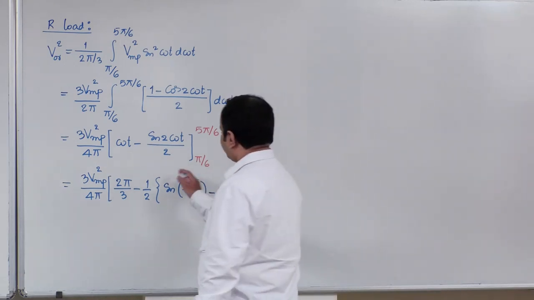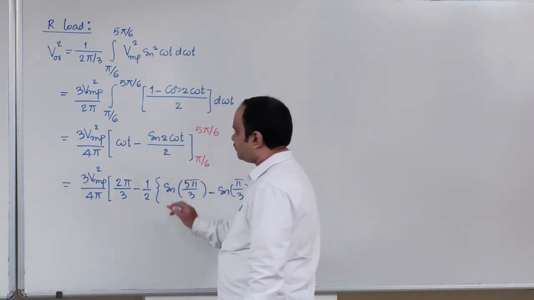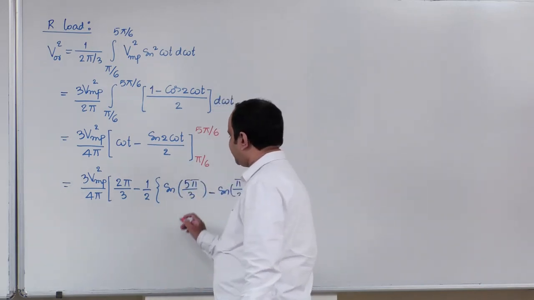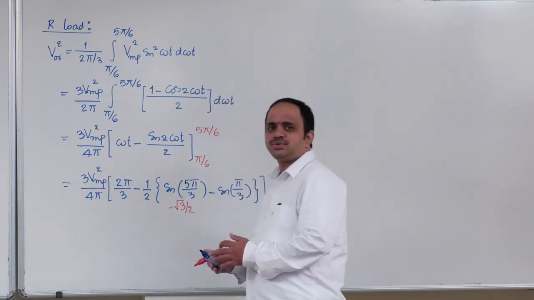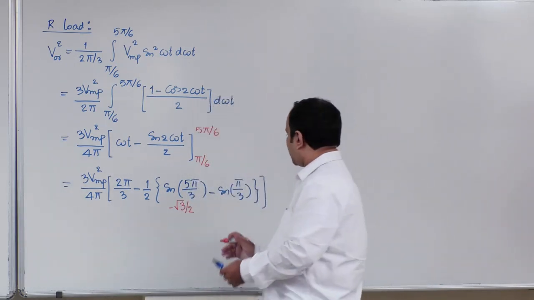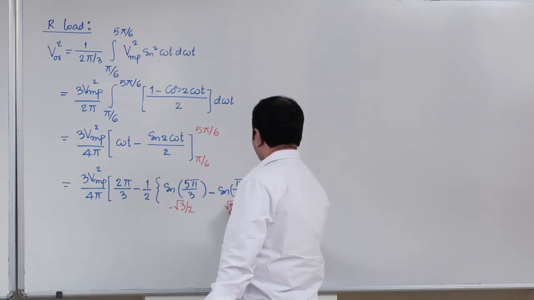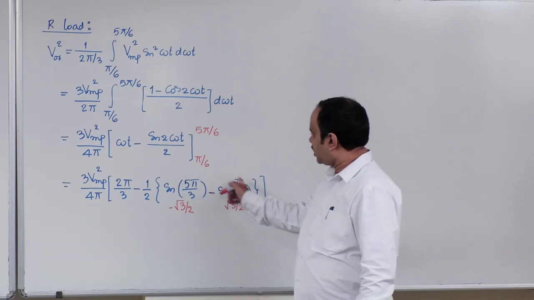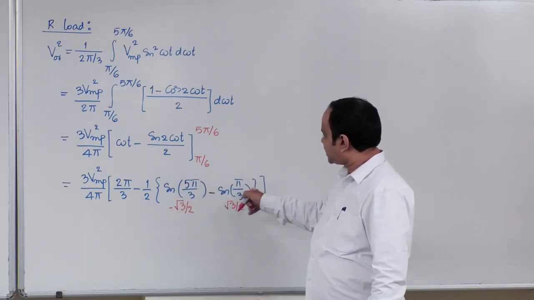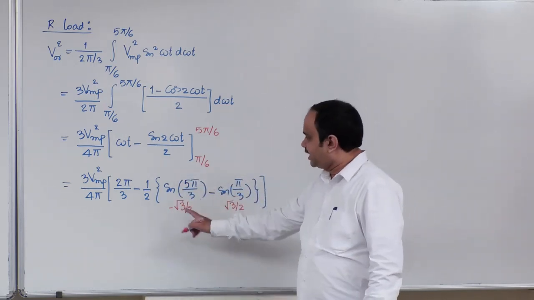Now if you see here sine of 5 pi by 3, that is sine 300, I can say this value is minus root 3 by 2 and this value is root 3 by 2, that is sine 60. Therefore what is the value inside this curly bracket? That is minus root 3.